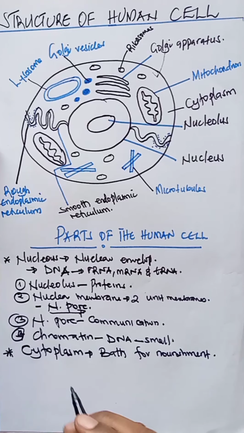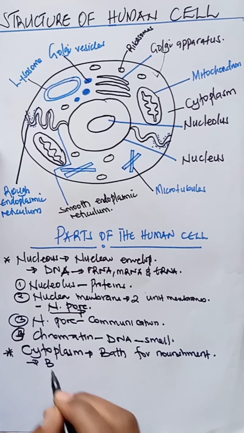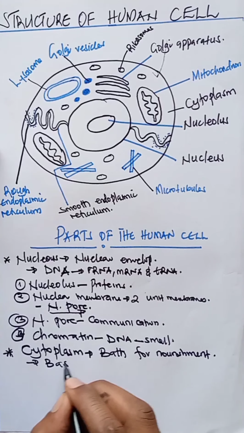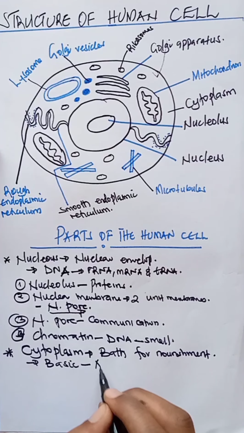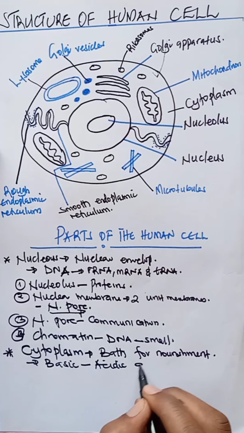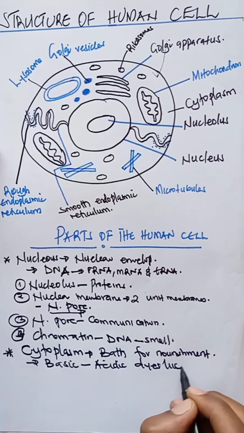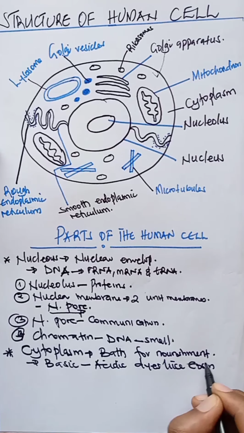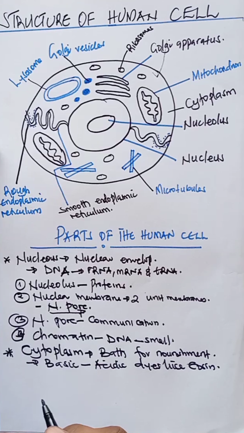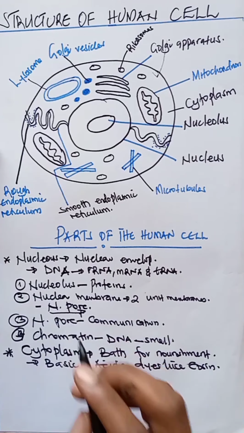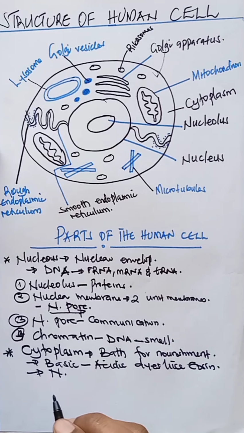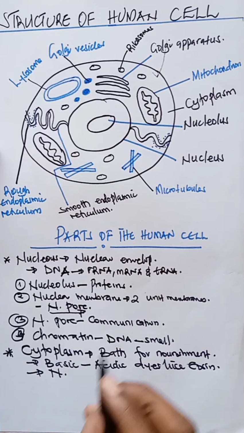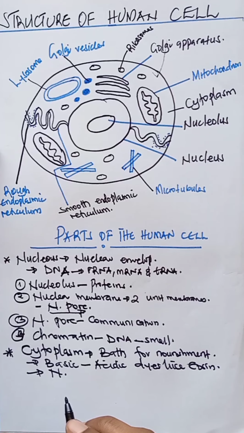It is more of basic components, hence having high affinity for acidic dyes like eosin. It is within the cytoplasm that most of the work ordered by the nucleus is carried out. The cytoplasm is made up of various organelles.